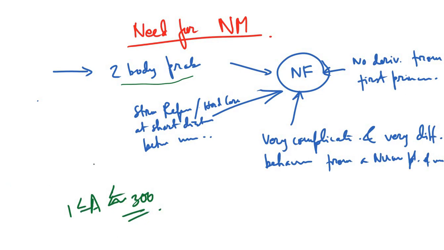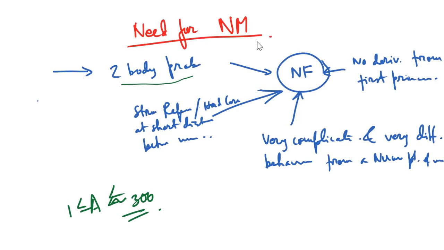So let me talk about real nuclei. For real nuclei, there are even more issues compared to the two-body problem. This is just the beginning of our tough life studying the nucleus.